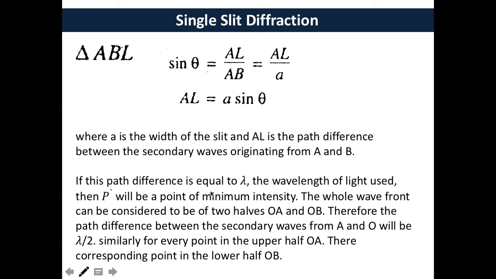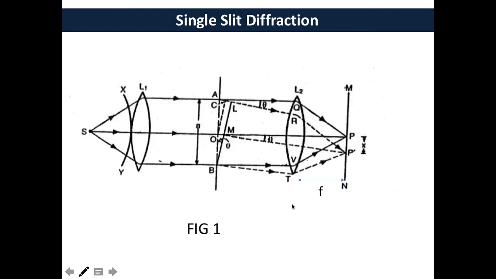If the path difference is equal to lambda, the wavelength of light used, then P prime will be the point of minimum intensity.